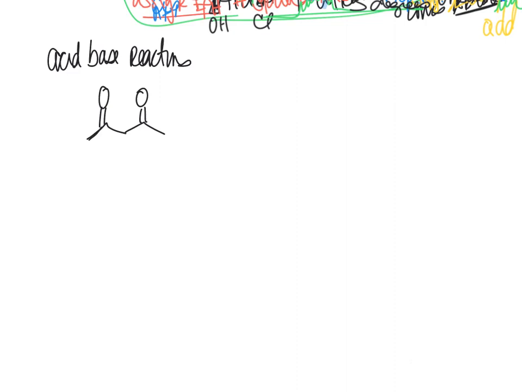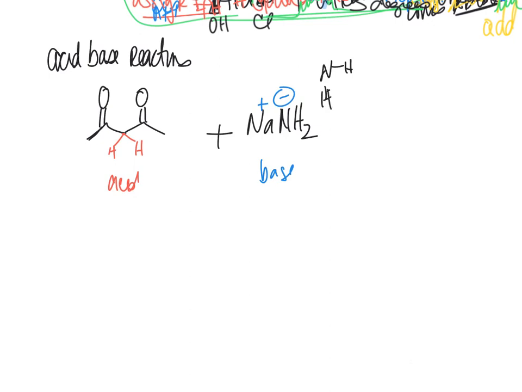Okay, so sodium amide. So yes, you need to know your pK values, right? So you're drawing your acidic proton. So this is your acid. This is your base. Can you draw the formal charge? The Lewis structure of this. Okay, so there it is.